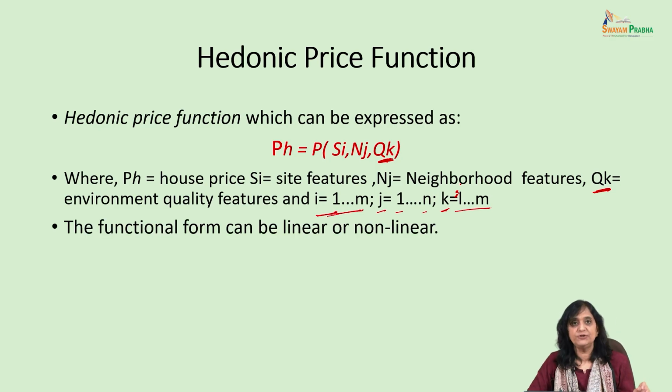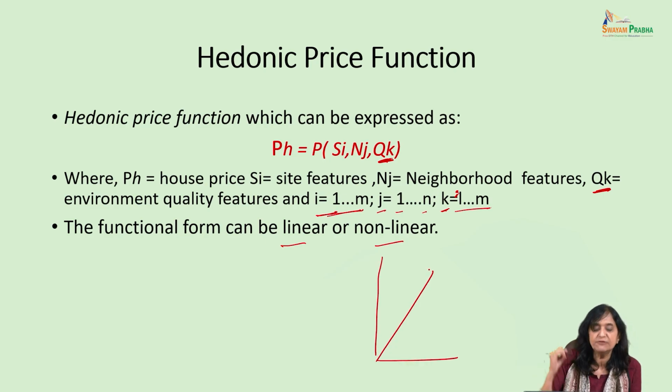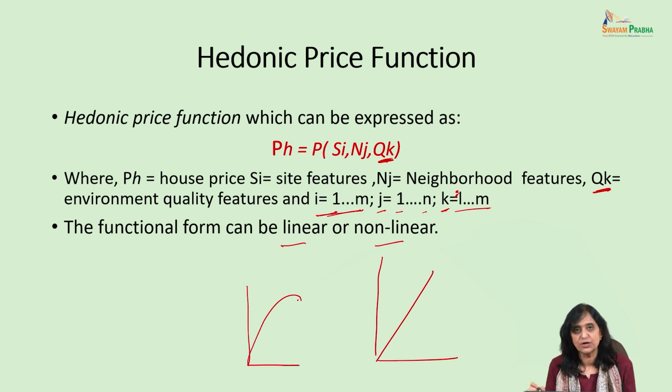So the function which we derive, if we want to plot it, can be a linear or a non-linear function. I'm sure you may know the difference between linear and non-linear. A linear function is a straight line, that is, the change remains constant, whereas a non-linear function is a curvature function.